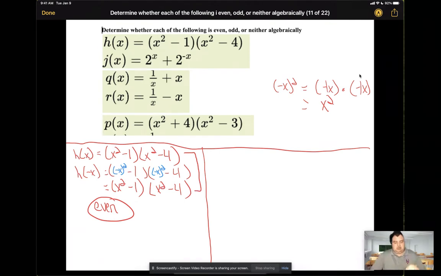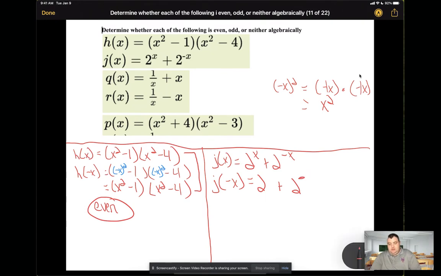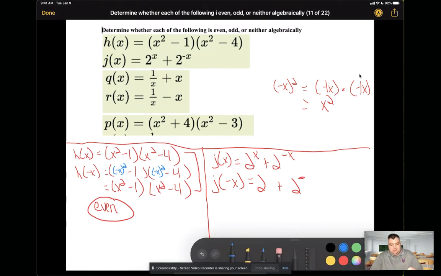Let's try j of x now. So j of x is 2 to the power of x plus 2 to the power of negative x. I'm first going to look at j of negative x, which literally means replace x with negative x.